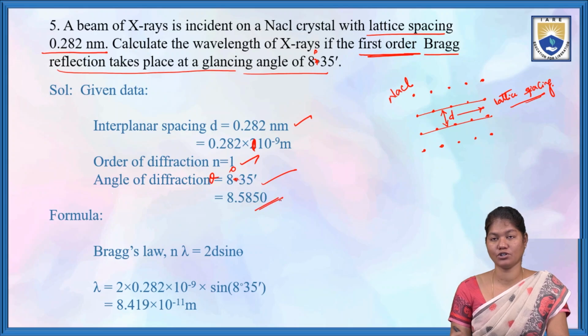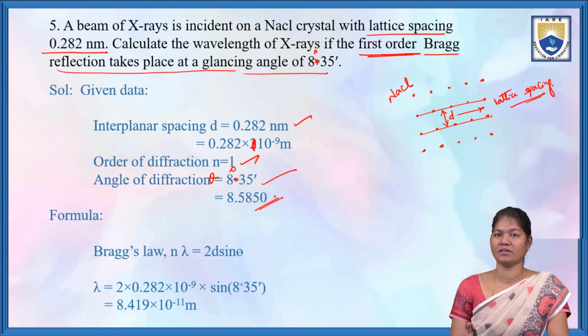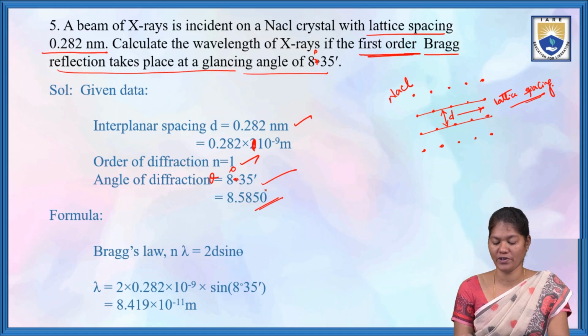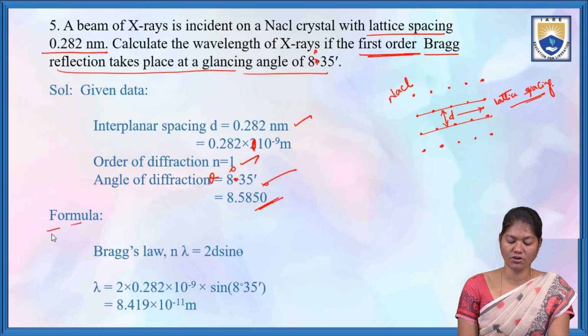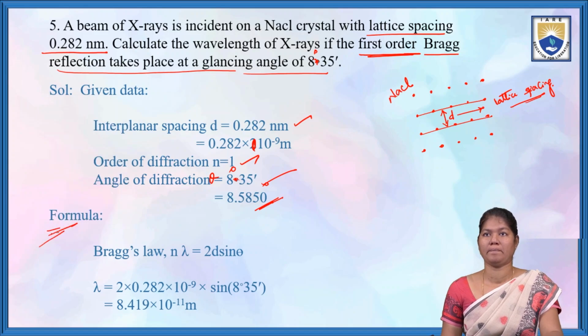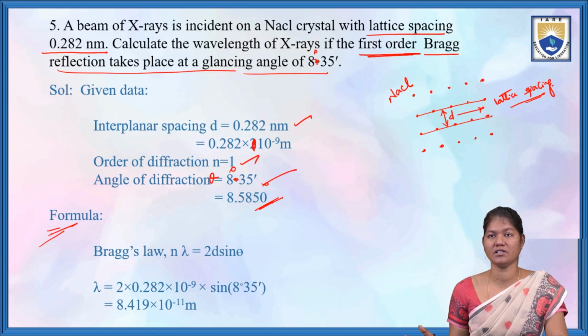Converting into degrees, since 1 degree is equal to 60 minutes, we get 8.585 degrees. So the formula to get the wavelength of the X-ray.